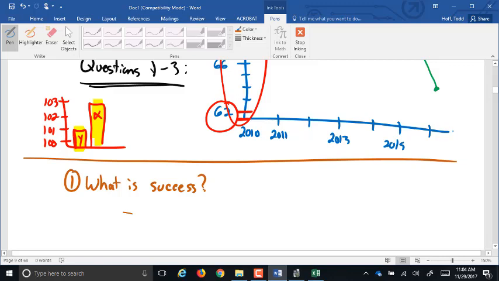Is success defined as completing the course with a C? Is it defined as getting a D minus or better? Did they get a certain percentage? How was a success defined? That would make a difference on how I felt about this data.